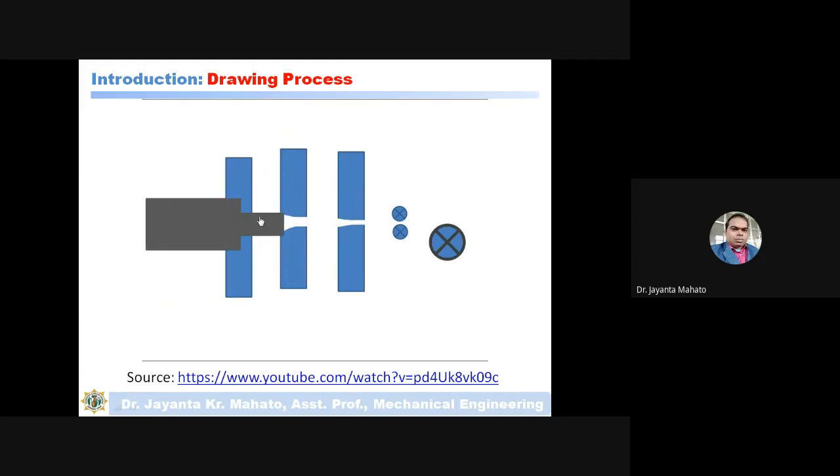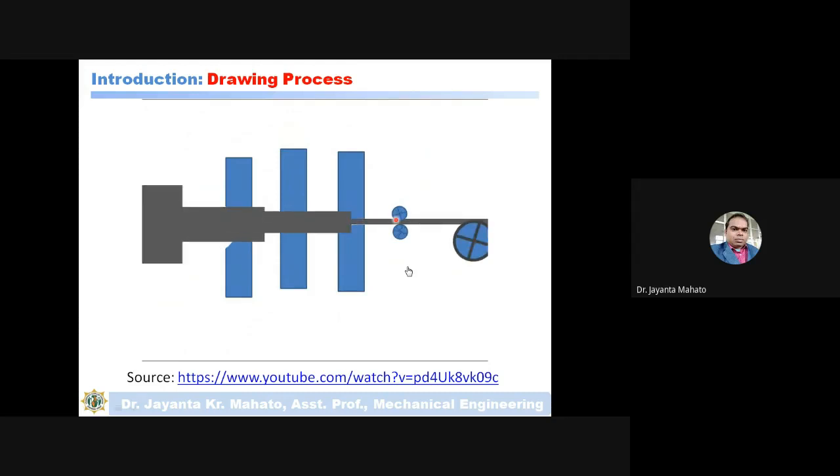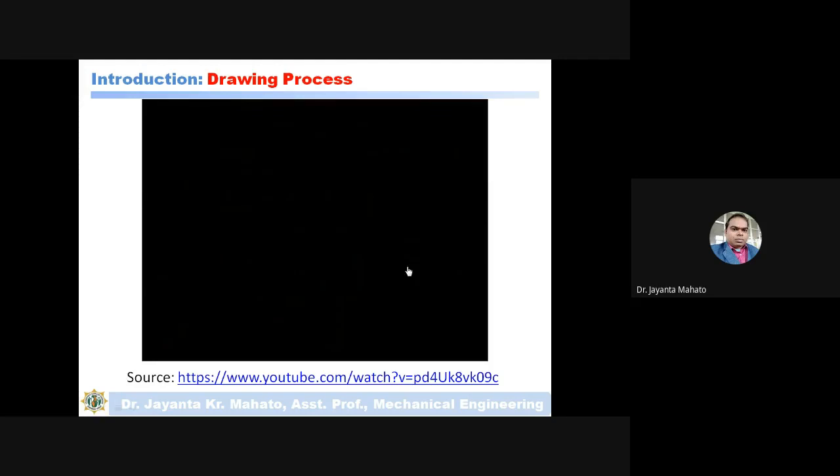Then when it passes from here, it will reduce again, and when it passes through this die, it will reduce again. So this is actually a successive order.